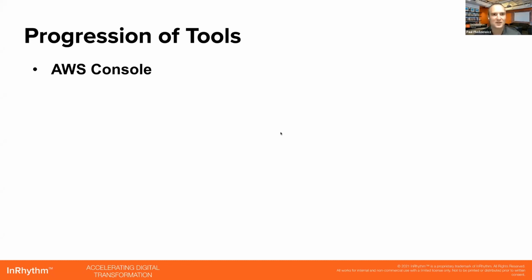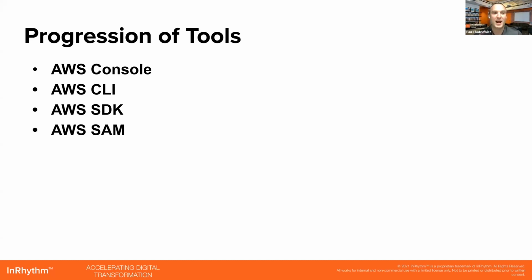But eventually, when we get a better feel for it, we want to do repetitive tasks. We may move on to the CLI, where we can control these resources in a more structured way, and also a repetitive way, and then even write scripts to avoid repetition. The software development kit, this is what we're used to hearing. It's something you'll also be using within your application code to interact with these resources.